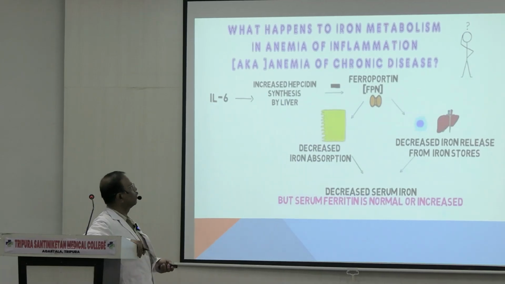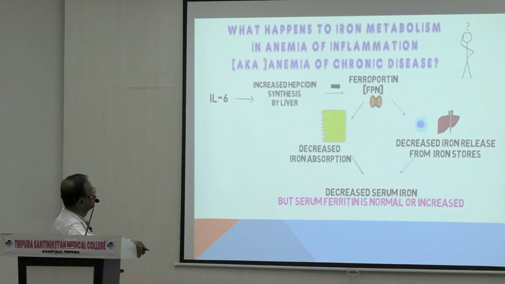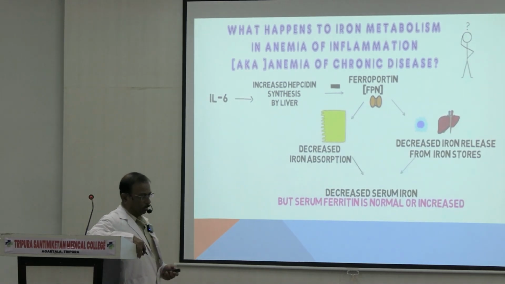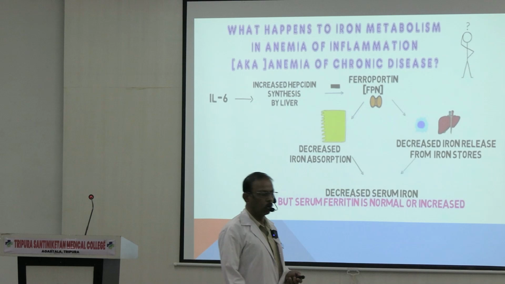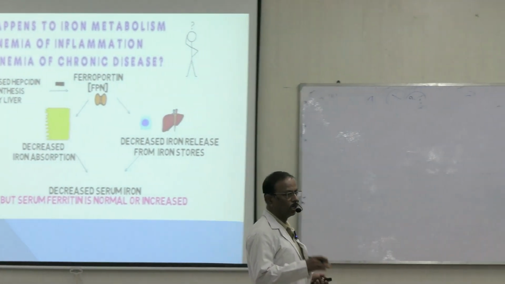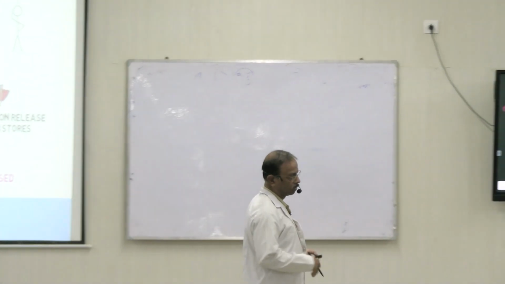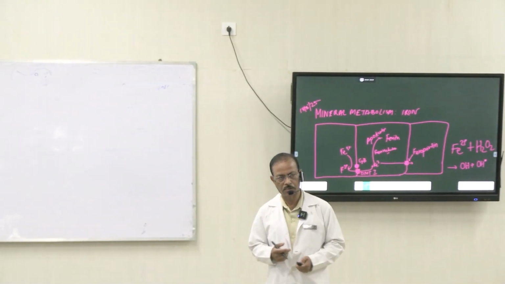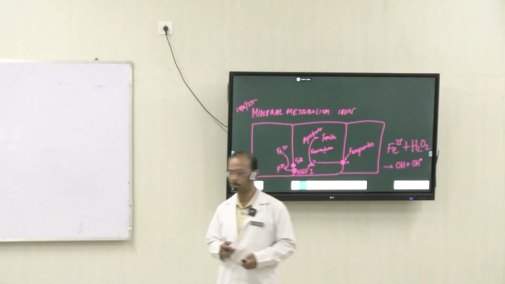Now, what happens to the iron metabolism in anemia of inflammation or chronic diseases? When there is inflammation of the body, it is caused by many types of inflammatory mediators. One of the inflammatory mediators is IL-6, interleukin 6.